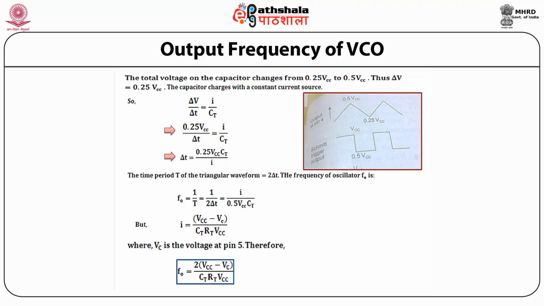But we know the expression for I, which is equal to (VCC minus VC) divided by RT, where VC is the voltage at pin 5. Therefore, F0 is equal to 2 multiplied by (VCC minus VC) divided by CT RT VCC.